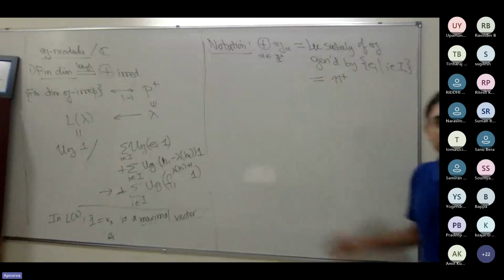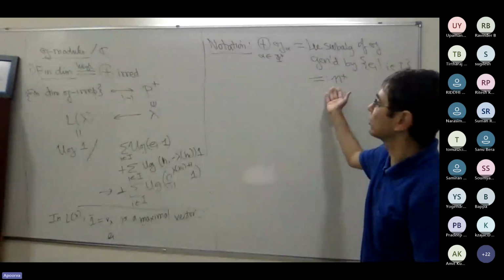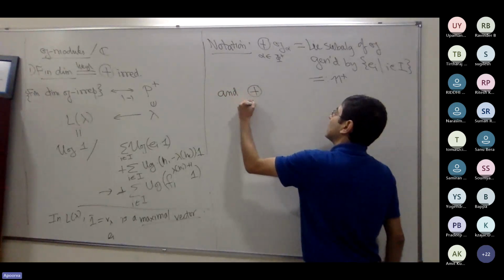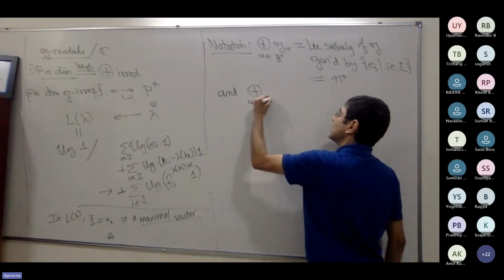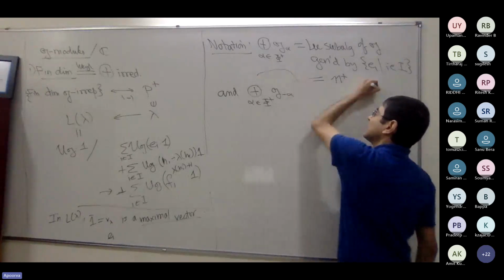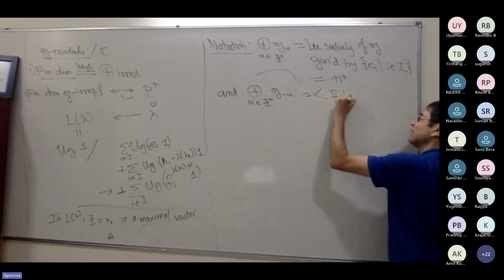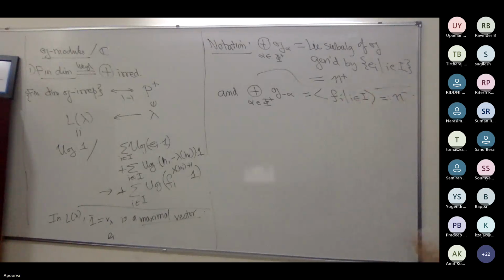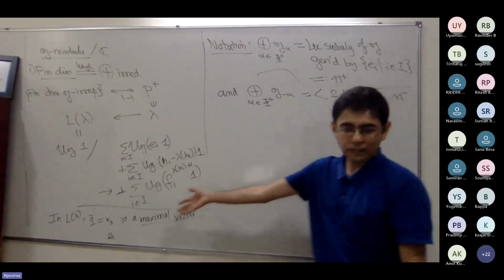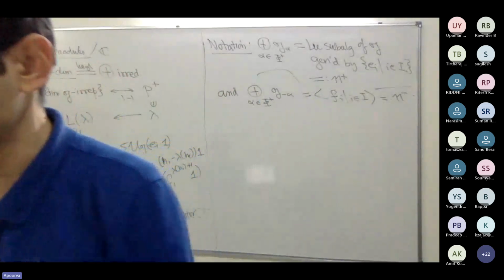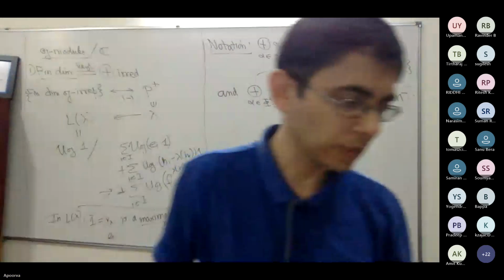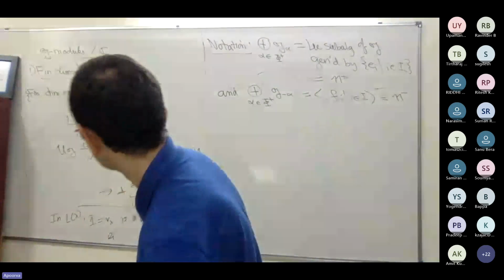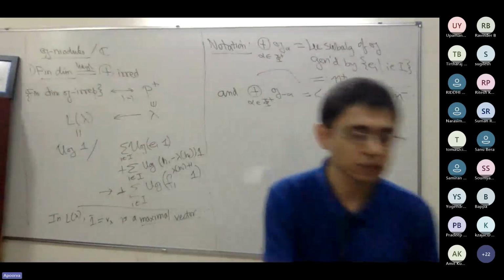For example, in SL N, this is the set of strictly upper triangular matrices. Similarly, the direct sum over alpha in Phi plus of G minus alpha is the Lie subalgebra generated by the F I's, which is the definition of N minus. So instead of saying the E I's all kill this vector, I can say that the whole of N plus kills it.